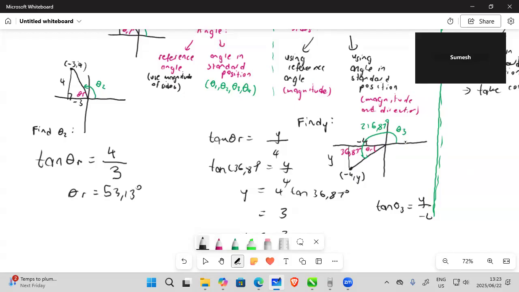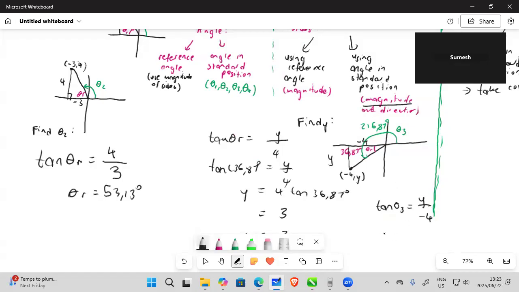We don't know exactly from the starting point to the end point. We just know in that small gap, as if we're just dealing with a triangle like this. So the angle in the standard position locates it precisely. So if it locates it precisely, it'll give you both the magnitude and the direction. Here, with the reference angle, it doesn't locate it precisely. It just gives you magnitude, right? Here, it gives you both magnitude and direction. So therefore, I use it with the direction.